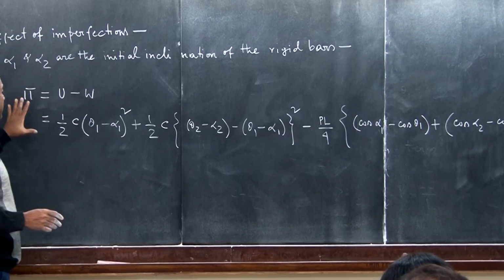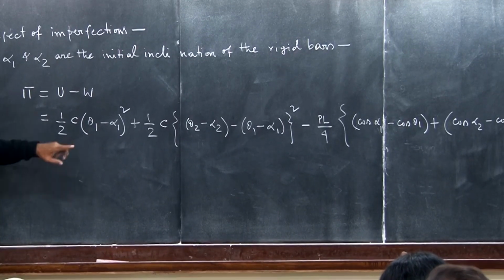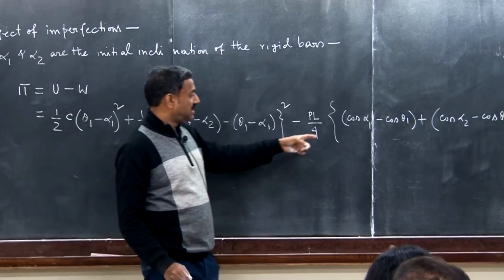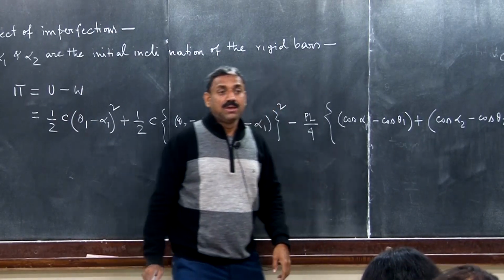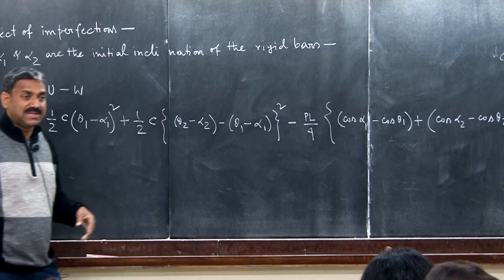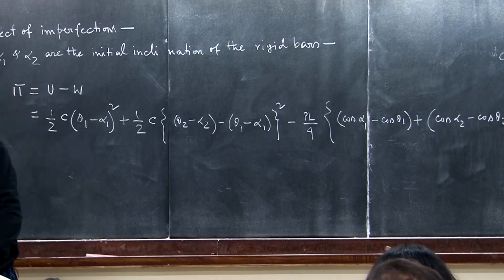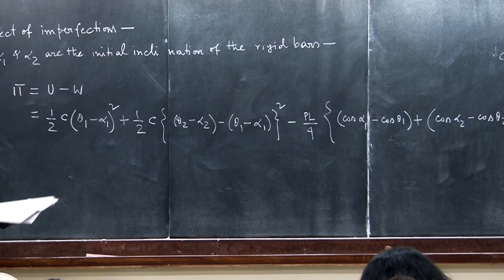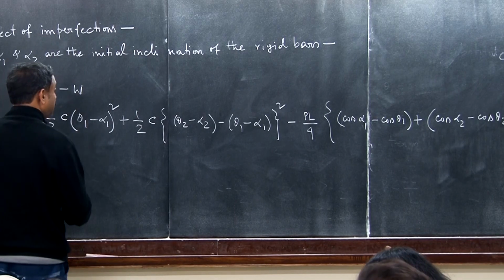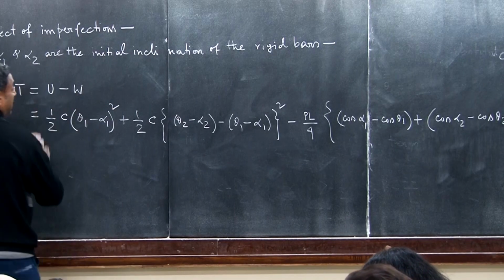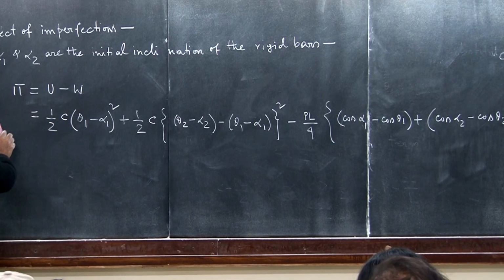So if you repeat the same exercise, expand this cosine function in terms of its series expansion and do the whole exercise, I will write down the final expression. Please have this potential energy function.